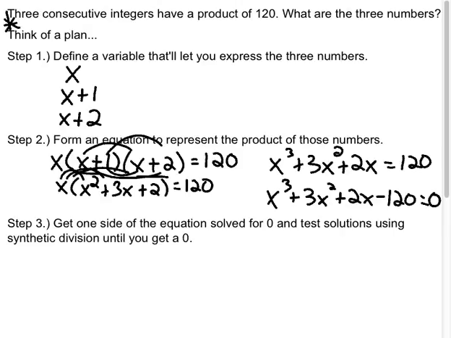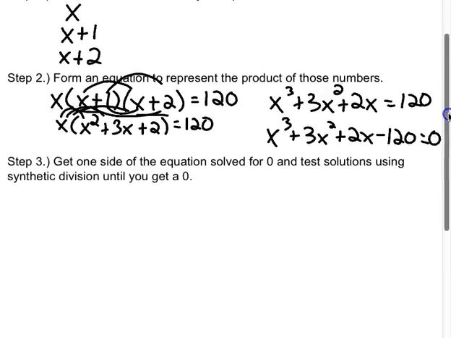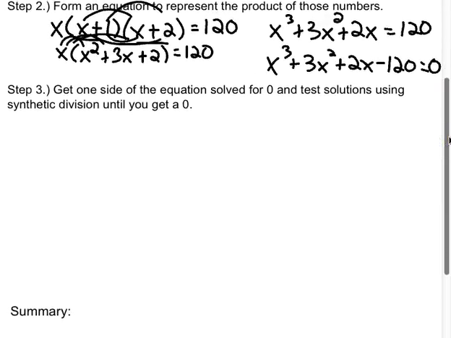So now I have a polynomial that I'm trying to solve, okay? I'm going to find out what would actually make that 0. So now I'm pretty much just applying the synthetic process to this, okay? I'm searching for a number that will give me a 0 as a result. I want it to equal 0. Well, let's find out.